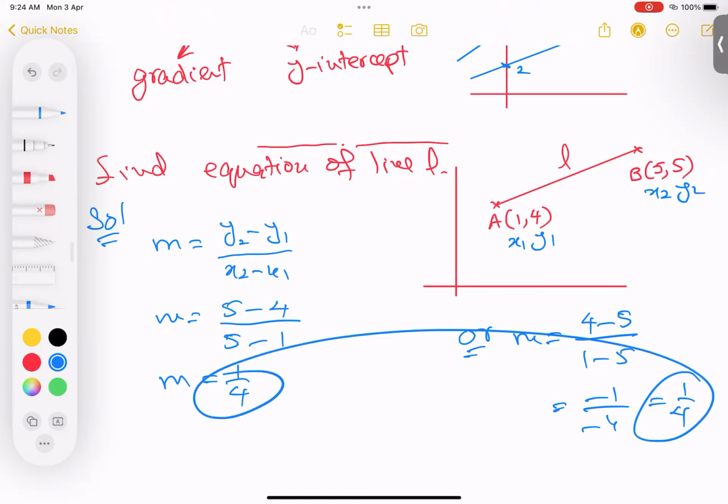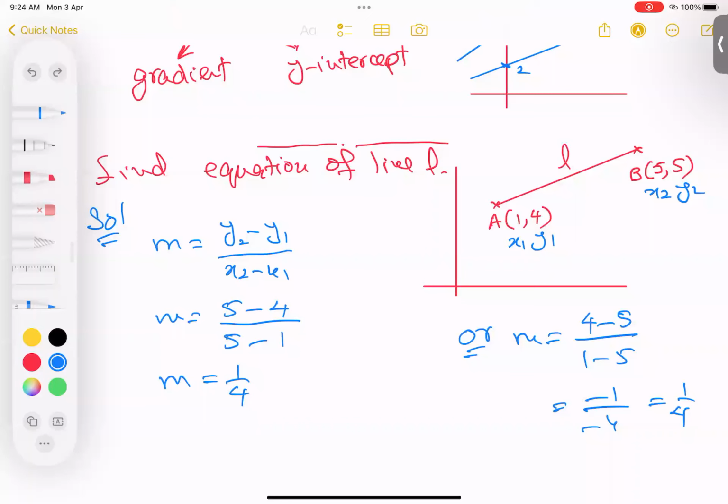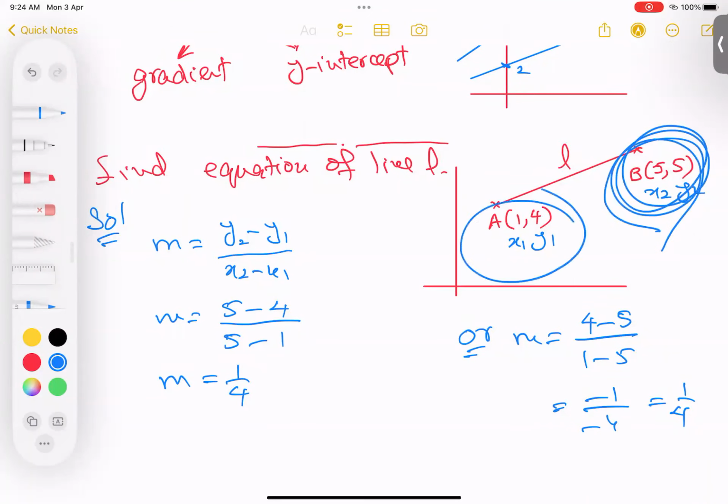Same answer. So you learn one lesson from here: if you change the order, the answer will not be affected at all. So the gradient formula is y2 minus y1 over x2 minus x1. You make a plan about which point you want to take as x2, y2 and which one as x1, y1.